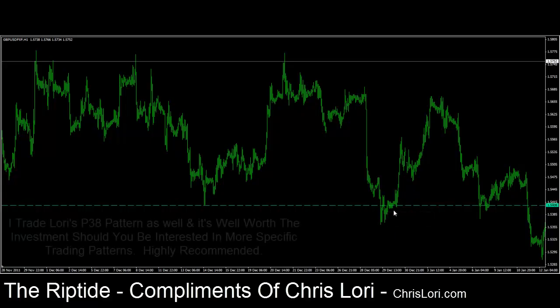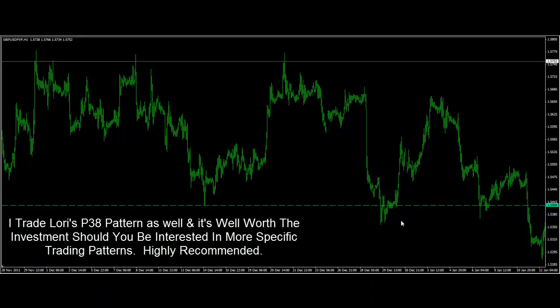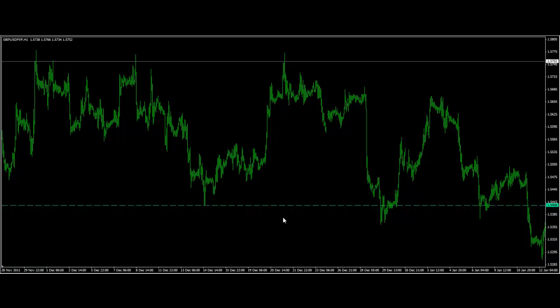Many times you'll see that unfold as an intraday price reversal based on significant highs or lows, and that's how this pattern is traded, not on a 20 period basis like the turtle soup, but riptide is any significant high or low broken and rejected, that's where we have the reversal pattern unfold as a riptide reversal.